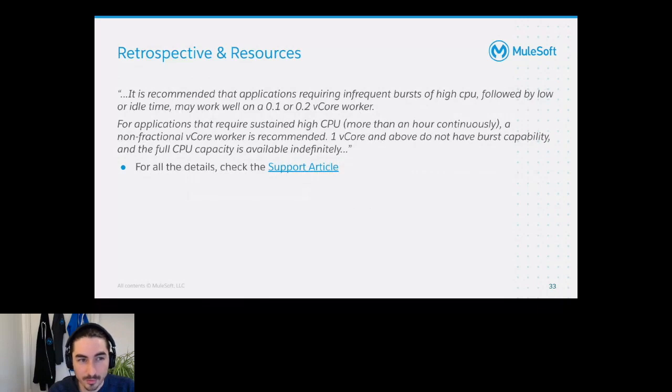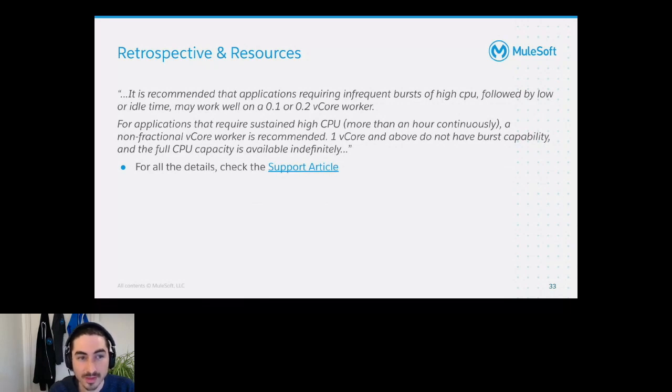Retrospective and resources in this case, it's recommended that applications that require infrequent bursts of high CPU followed by low or idle time may work well on a 0.1 or 0.2 P-core worker.